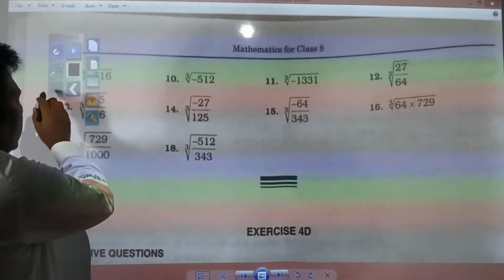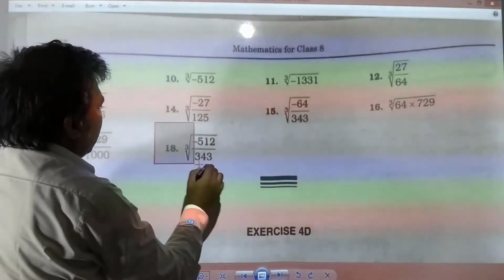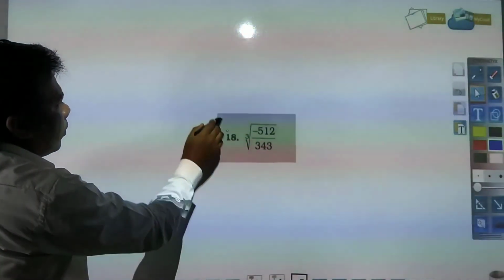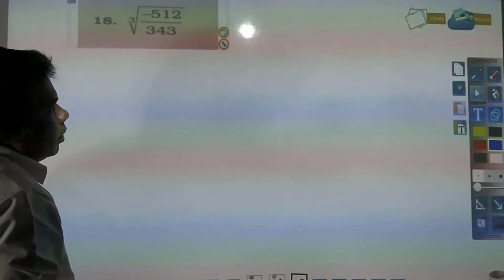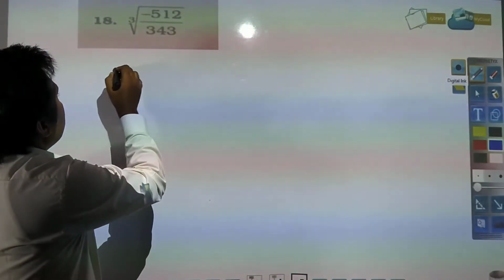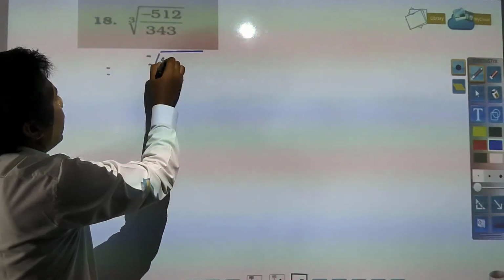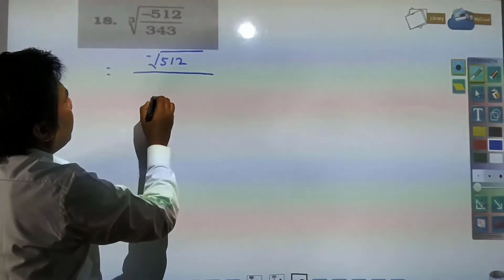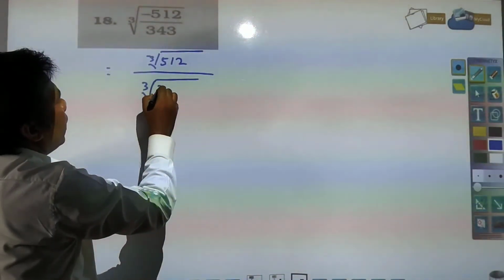One last question you take. Question number 18. Here you see, a similar question is there. It can be written as minus 512 divided by cube root of 343.